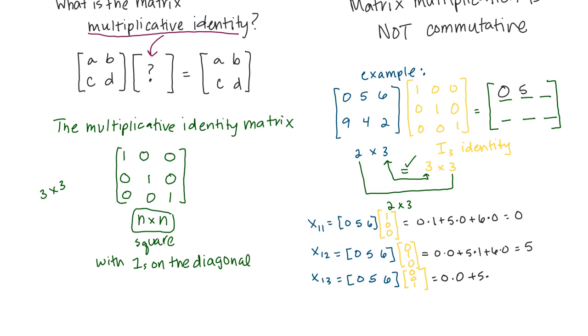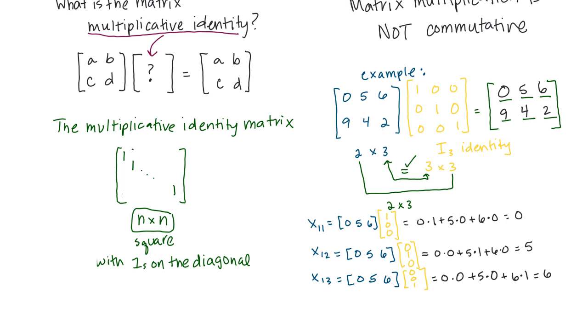So we get this 5 here. What should we get here? We should get a 6, right? So first row, third column gives us, again, see how the 1 is only positioned to be multiplied by that last digit? And if you kept going with this process, you would see that the second row results the same, 9, 4, 2. So that's how the identity matrix works.